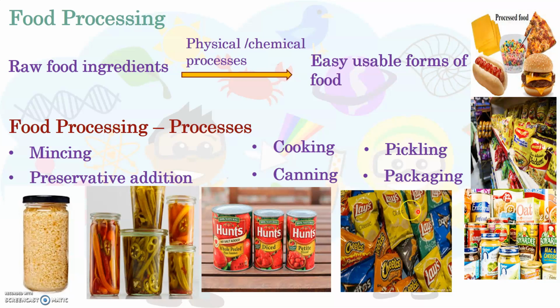From this, let's take the example of Lay's and understand food processing better. In Lay's, raw food ingredient, that is potato, through a physical or chemical process is converted into chips, that is into an easy usable form of food.